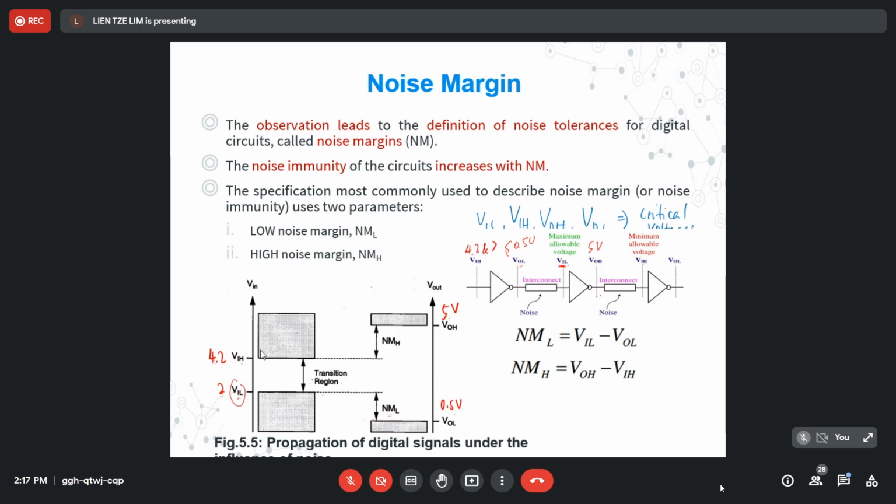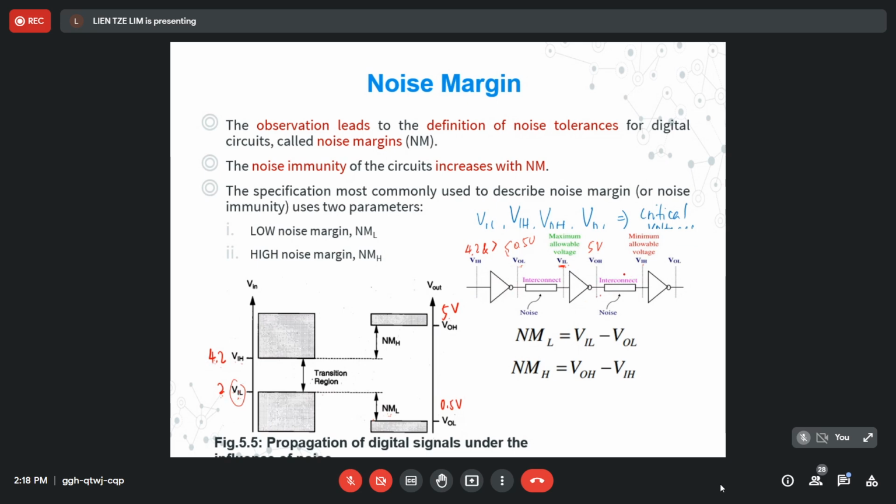There must be a certain range. If the output voltage fluctuates to become a very small value, then this third inverter cannot interpret the output correctly. So there is a noise margin, or noise tolerance, between the output and the input.